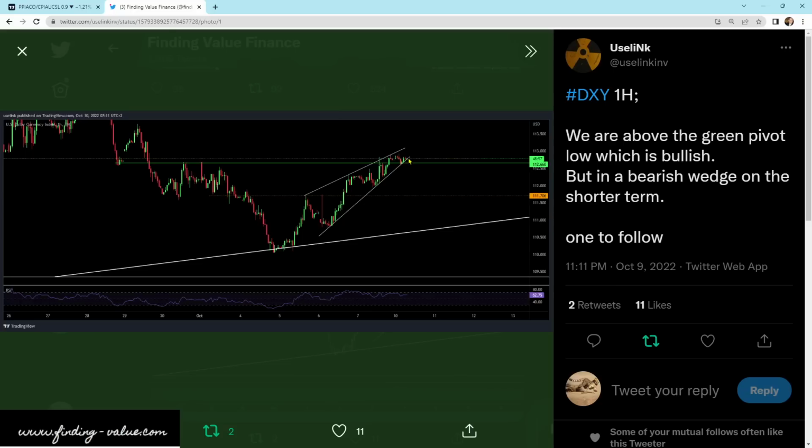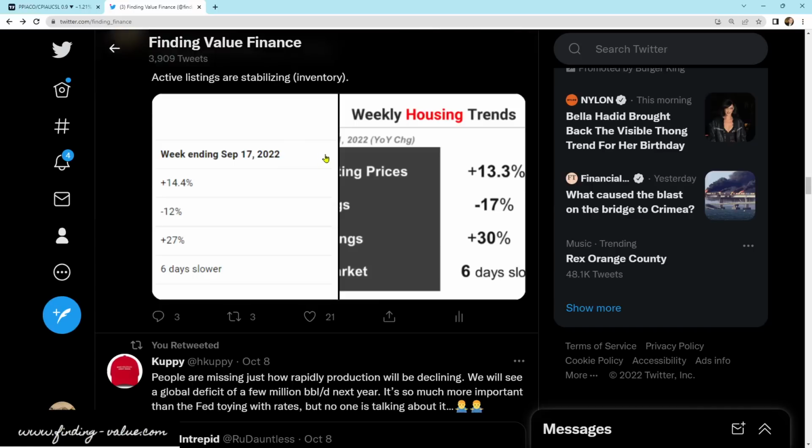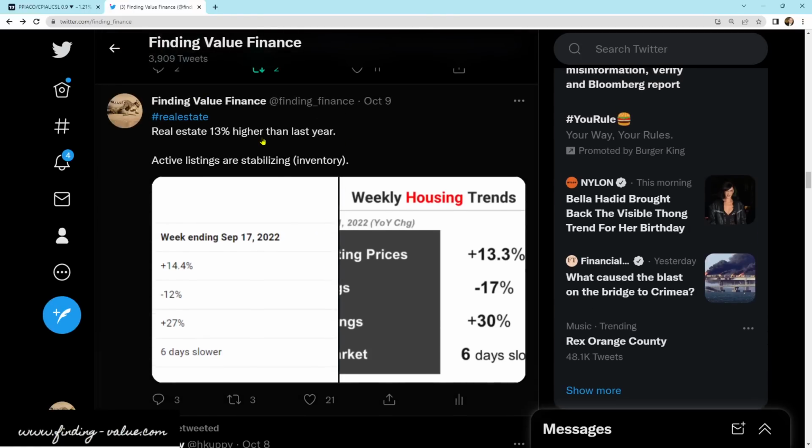Again, it's statistical probabilities, but I think lower on the DXY. I think that we could see lower on the 10-year yield in the short term, and then we'll have to see what happens when they stop the Strategic Petroleum Reserve releases in about a month or two. I said real estate prices are 13% higher than last year still.